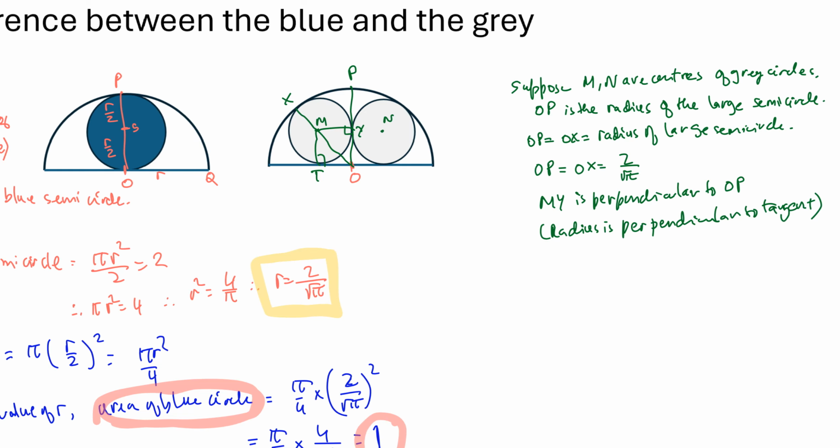And similarly, MT is also perpendicular to OT. I could extend it and say, if this was OZ, it doesn't matter, it's the same. So then I can say that these are radii: MY and MT are the radius of the gray circle, and equal.